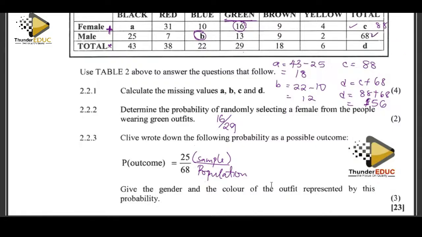We have it here, 68. So that means the gender is male. Now, when you follow this line, which color has 25? It's black.